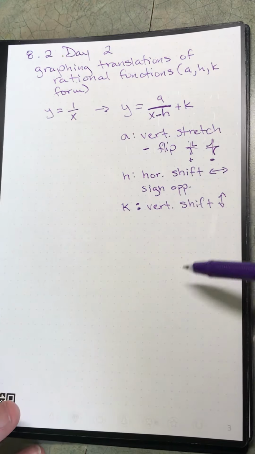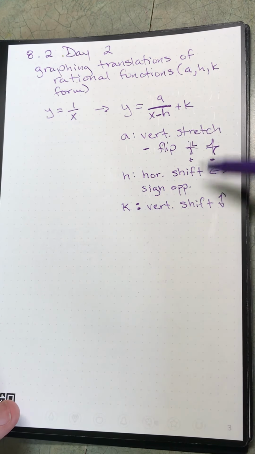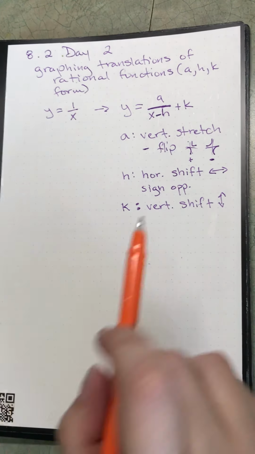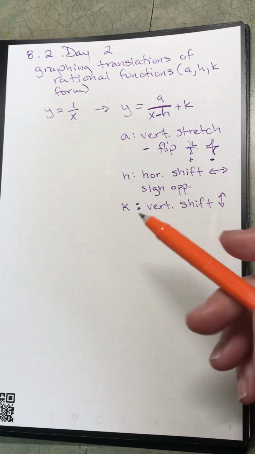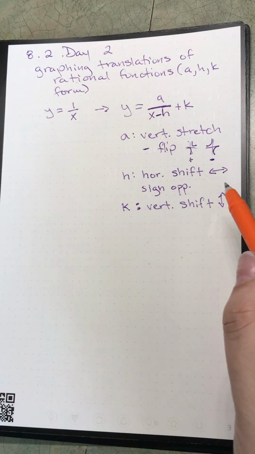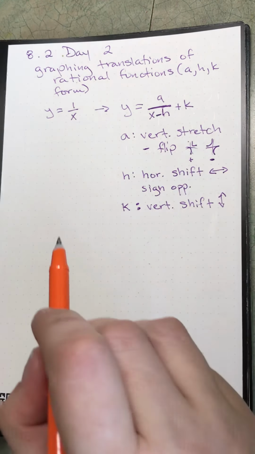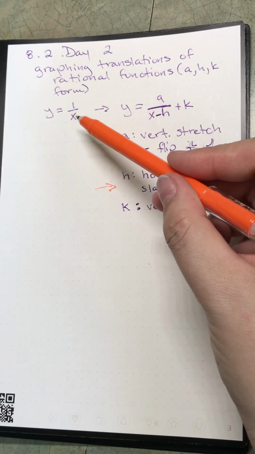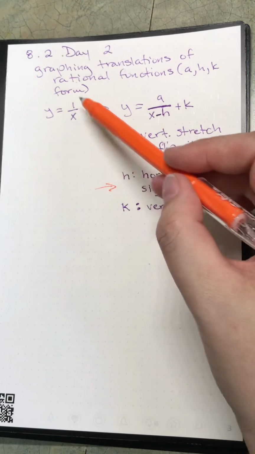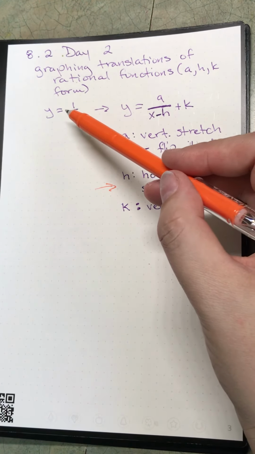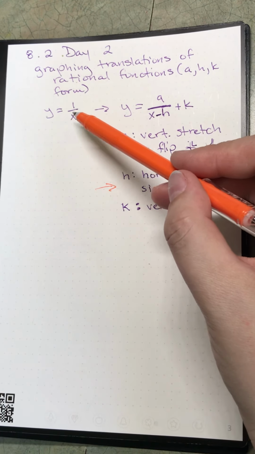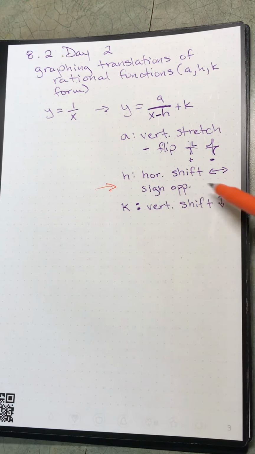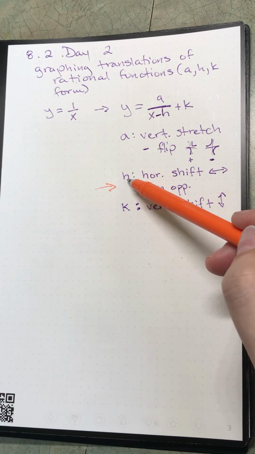Now, this is the same as what we've been doing with all the other functions we've studied this year, but there's one interesting feature to this that can help us in graphing these, and that is that because we're starting with an asymptote here, the asymptote is at x equals 0, then when we shift it from there, we're just shifting from 0.